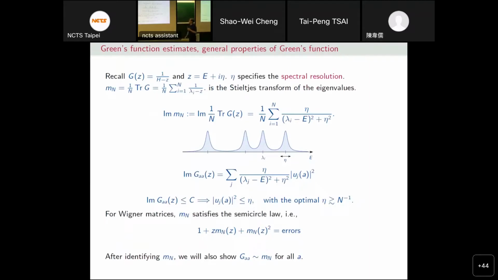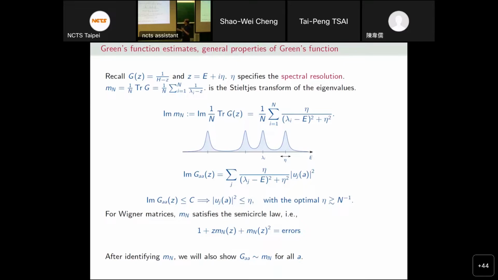So now let me just say a few words about exactly what object we are dealing with. Besides this flow method, the other object we often look at is the Green function, or the resolvent, defined to be 1 over H minus z. H is symmetric, and z is a complex variable, z is E plus i eta.